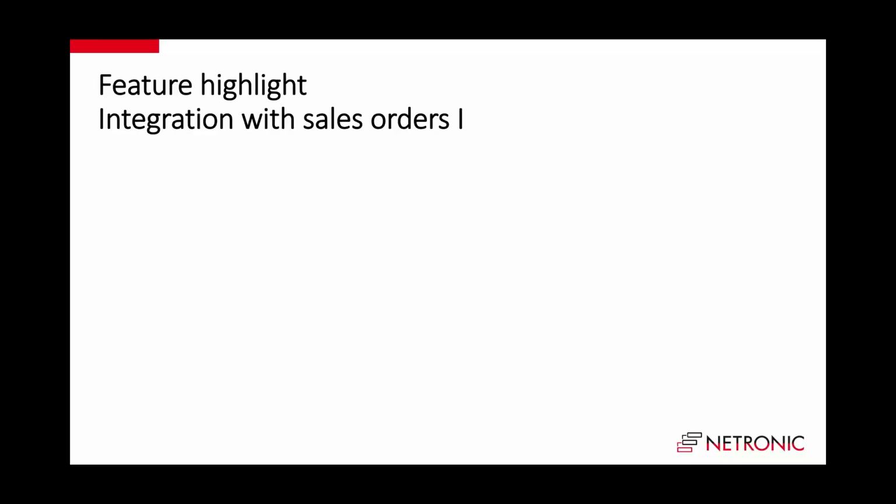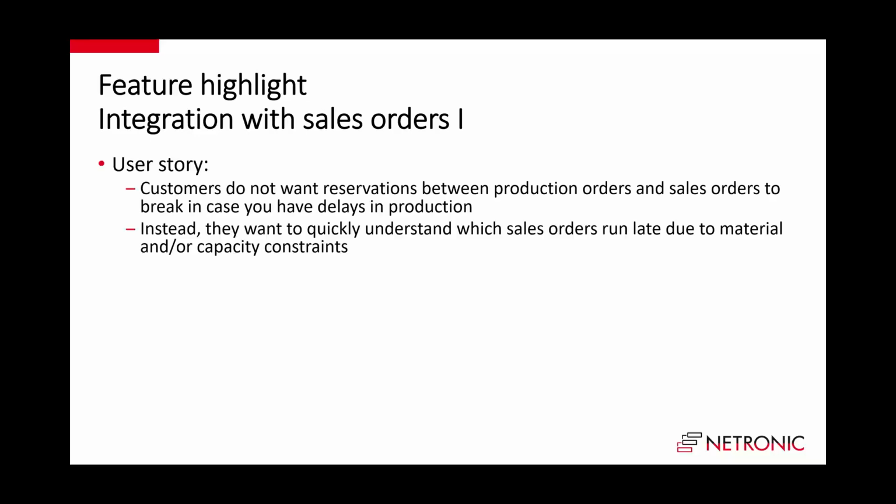But as we all know, the reservation system and the reservation table is a bit of a beast, and it lacks elasticity. What we wanted to achieve is that your customers, when they reserve production orders for sales orders, can keep the reservation even if you have delays in production.